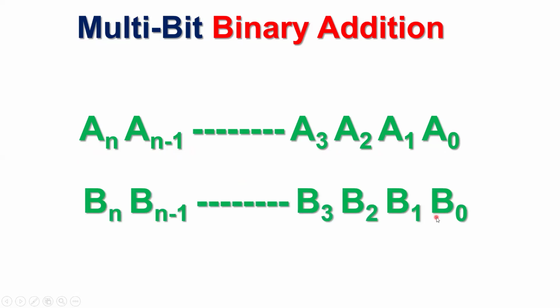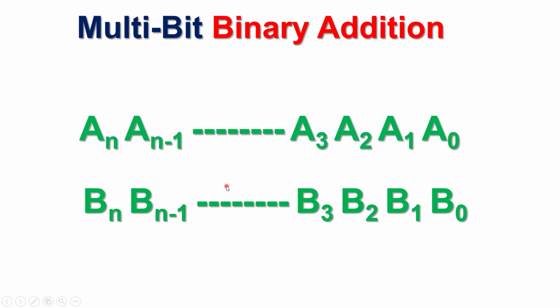This is another n-bit number, let's say number B. The word size of number B is again n-bit, starting from LSB B0, B1, B2, B3 up to Bn, with Bn representing the most significant bit, MSB.